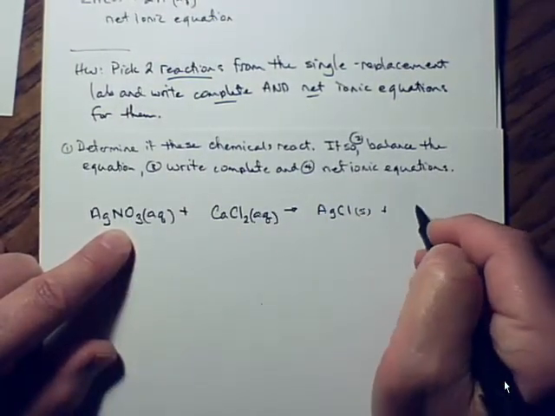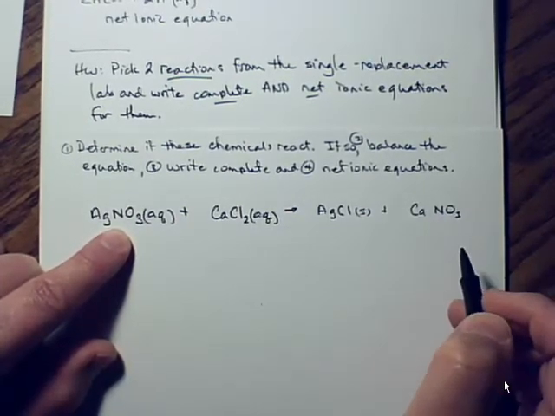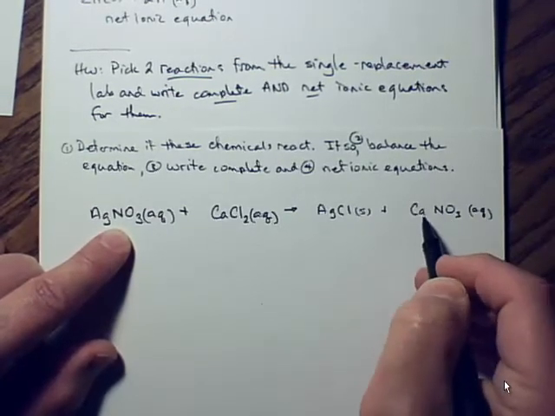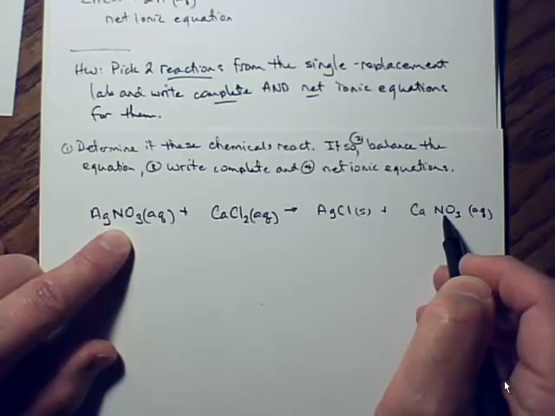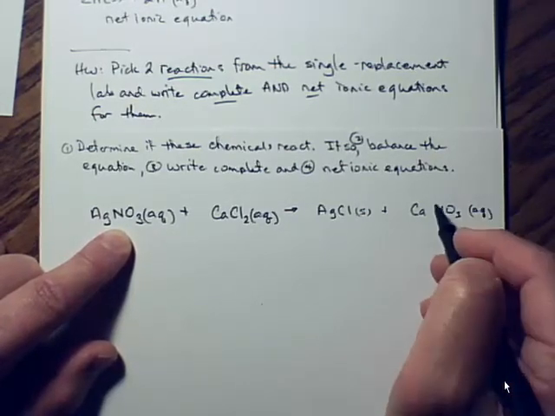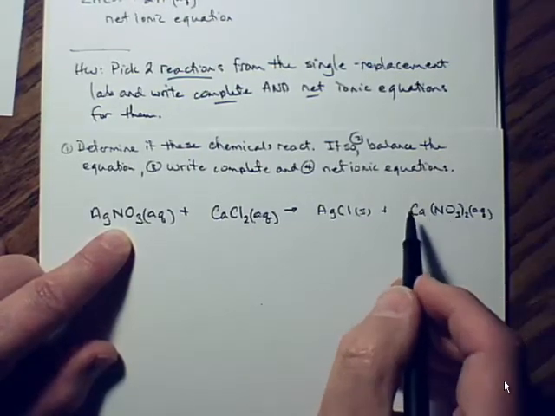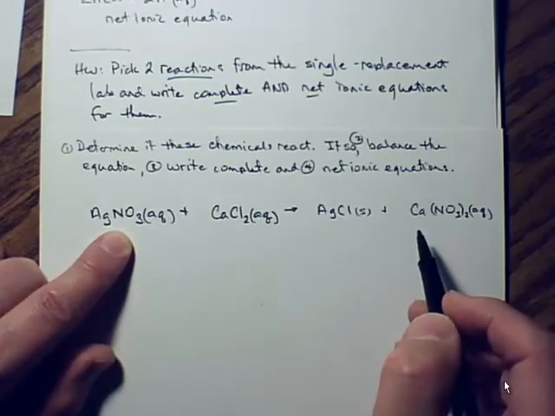Calcium is going to join up with the nitrate. All nitrate compounds are aqueous, so we're going to list this as aqueous. Calcium has a 2+ charge. Nitrate has a 1 negative charge. So to balance this formula, I need a 2 after the nitrate to have 2 nitrates balancing out the 2+ on the calcium.